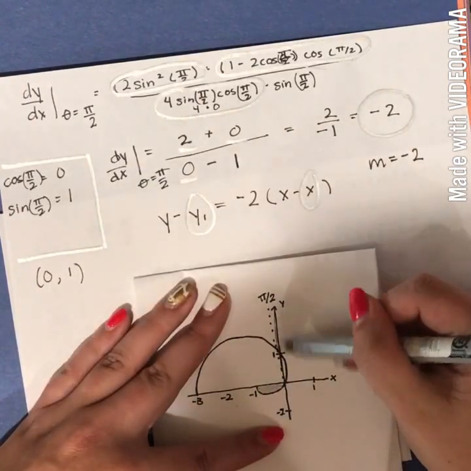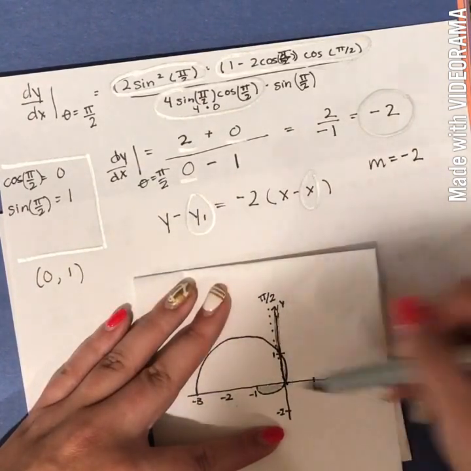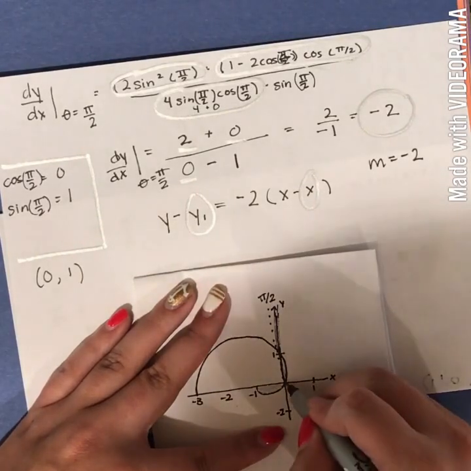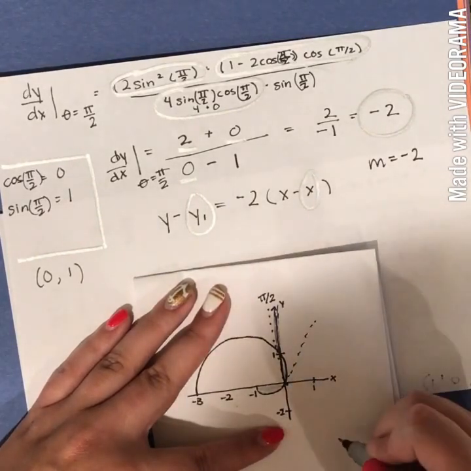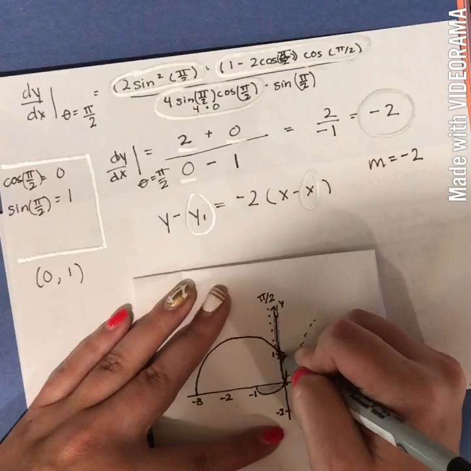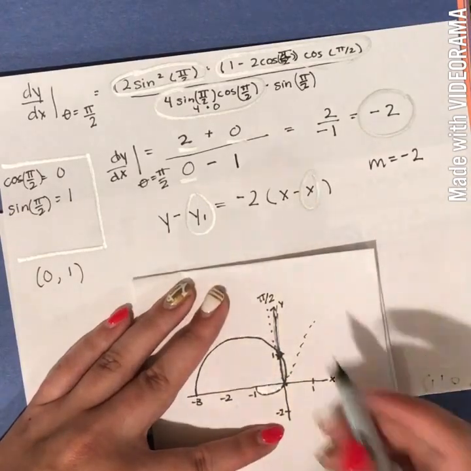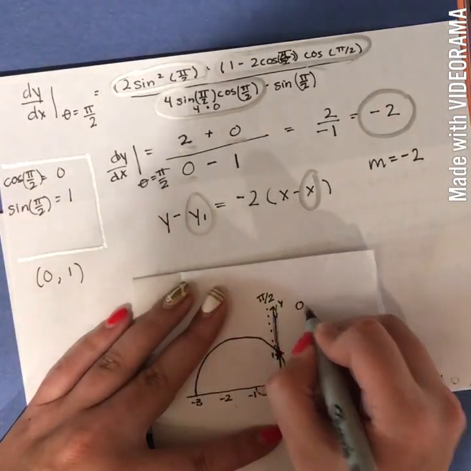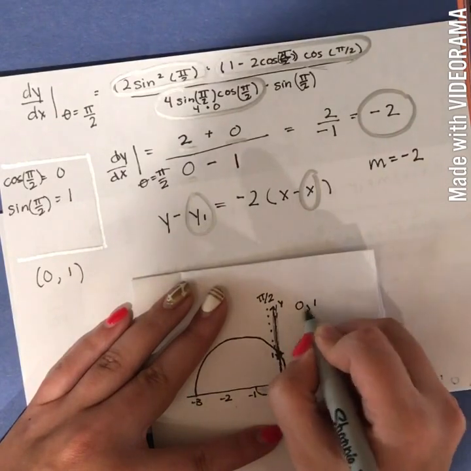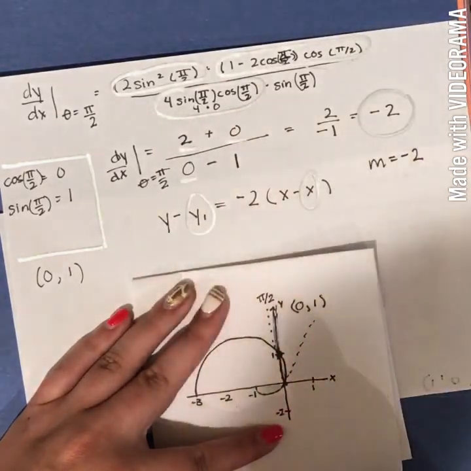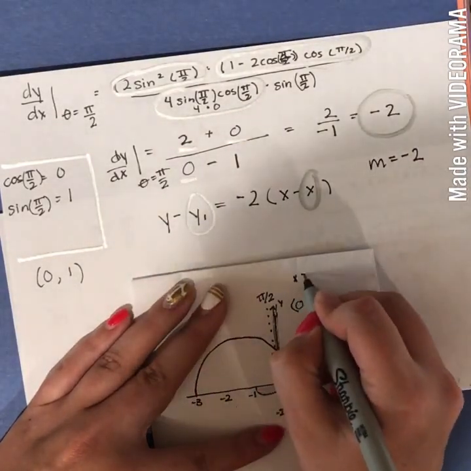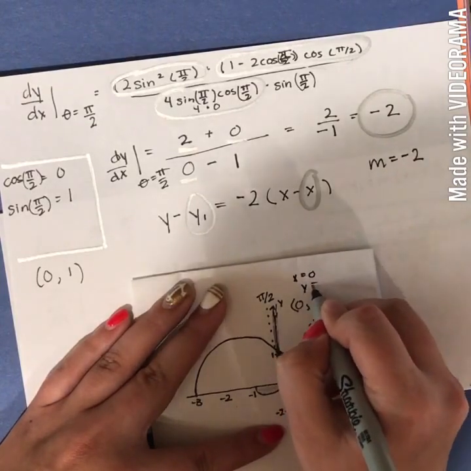Got our little pi over 2 line right here. And we already know that this is pi over 3, right? So this point right here is pi over 2, which is 0 and up 1. So x equals 0 and y equals 1.